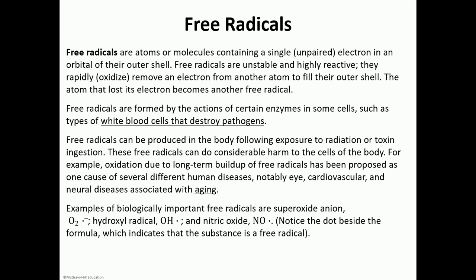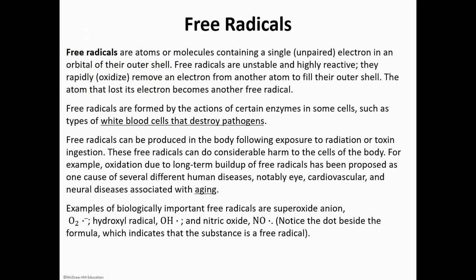So if the outer shell needs to be filled up with 8 electrons, then if it has 7 or 6 or 5, anything less than 8, it will not be stable, and it will start shedding off these extra electrons, and that will make it a free radical.